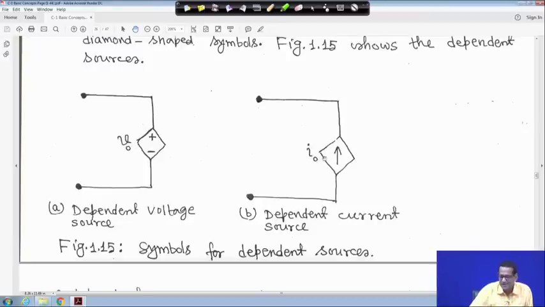Similarly, the current may be a function of some other branch current or some voltage in the circuit. So these are not ideal, not constant; these are dependent sources. The symbol is a diamond shape.